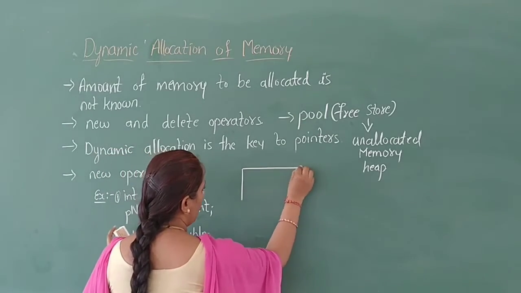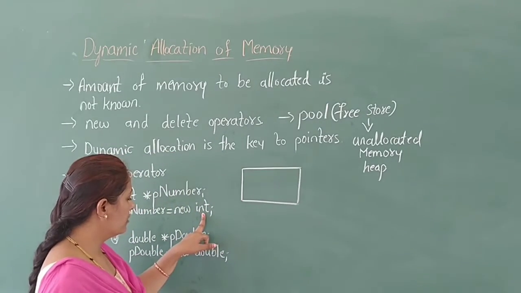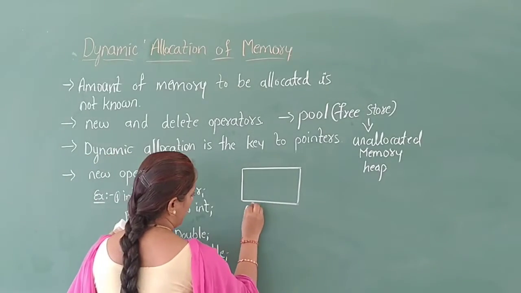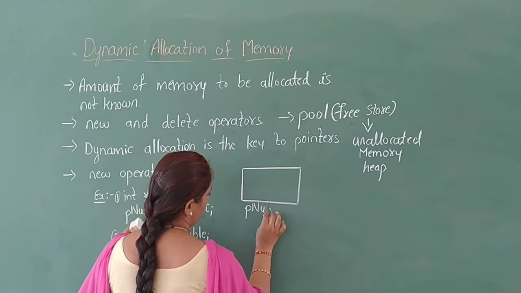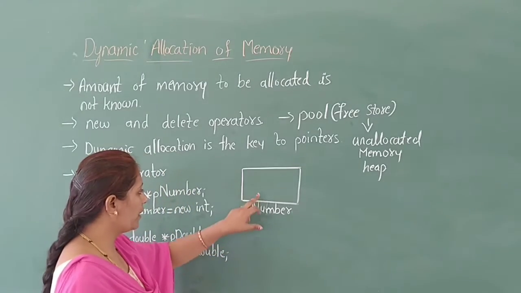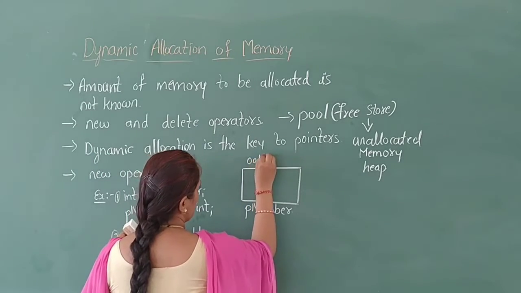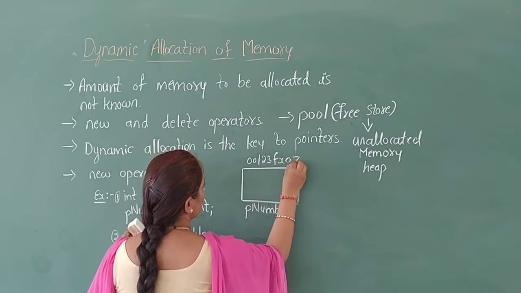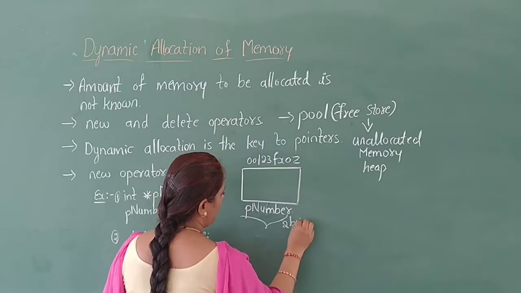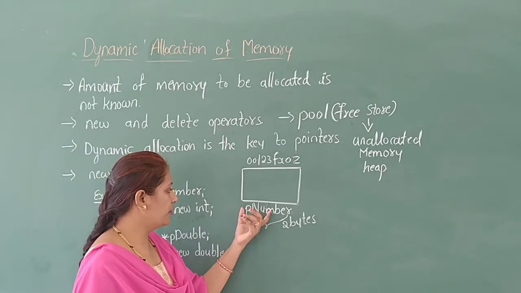It allocates new memory for an integer dynamically using pointer pnumber. pnumber points to the new memory, which has a random memory address, and in total it allocates 2 bytes of memory while executing the program.